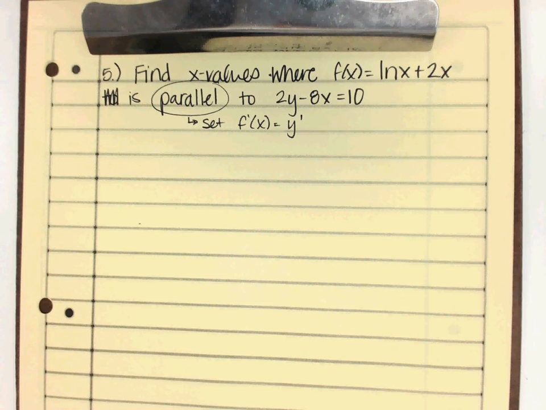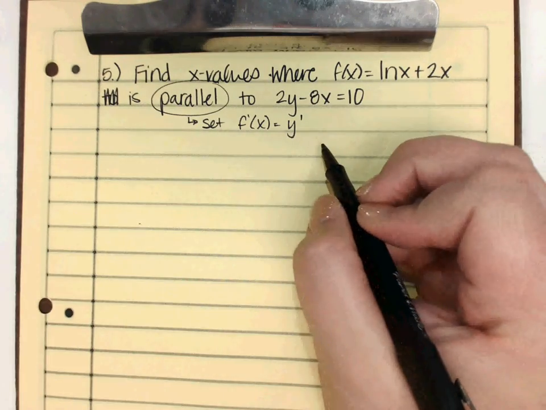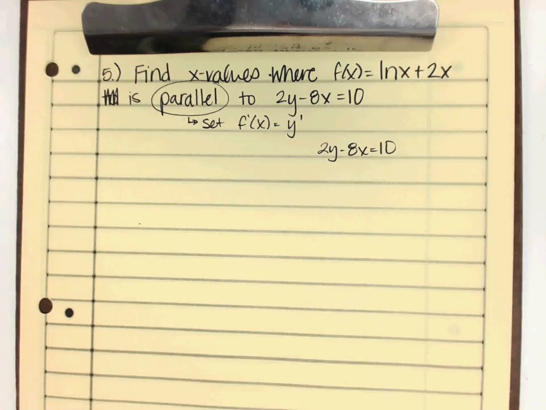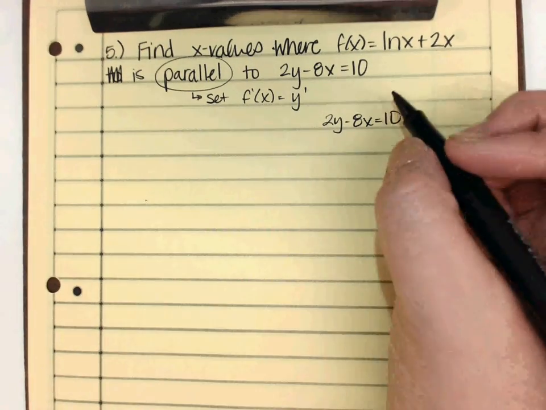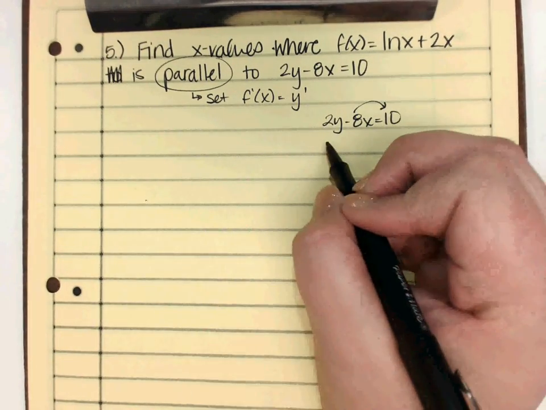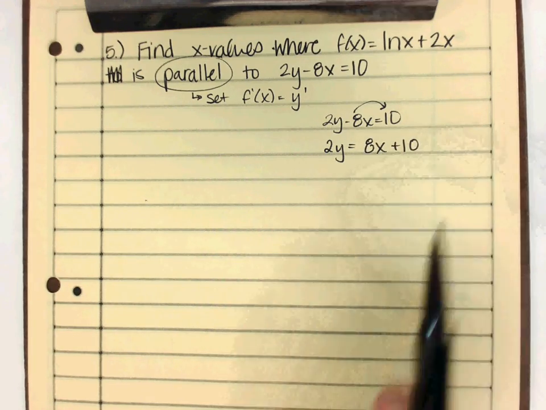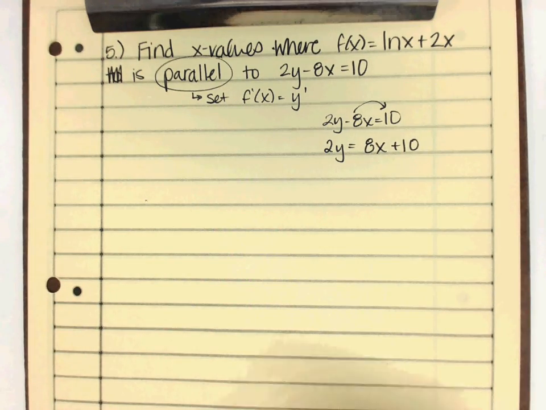I'm setting the derivatives equal. Now, can I take the derivative of y when it's all jumbled up? No, so we're going to have to fix it. So 2y minus 8x is the first thing I'm going to fix. What do I do first? Okay, I'm going to actually add the 8x across first, but you could divide by 2 first if you want. Okay, so 8x plus 10, scooch it over. Then divide by 2, what does y equal?